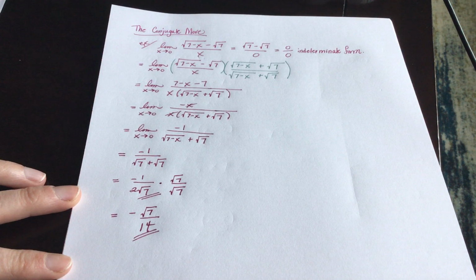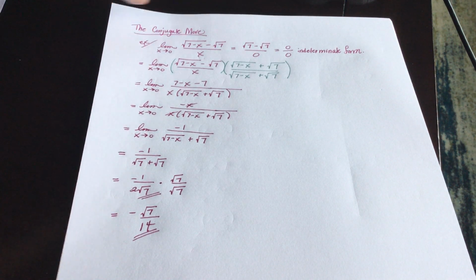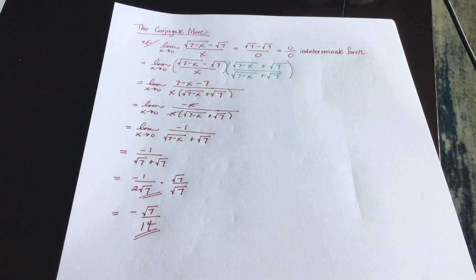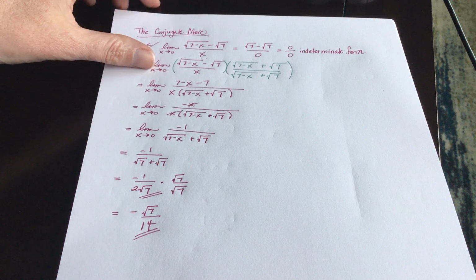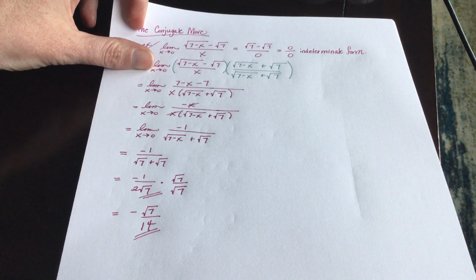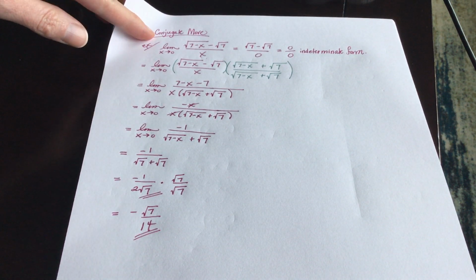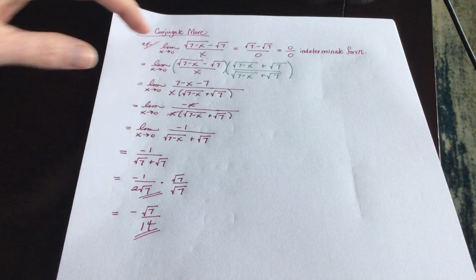And that's a super pretty little answer there. So this time 0 divided by 0 ended up being negative square root 7 over 14. All right, just kidding. It wasn't really 0 over 0. It was like a number approaching 0 divided by another number approaching 0. Okay, so that is an example of the conjugate move.